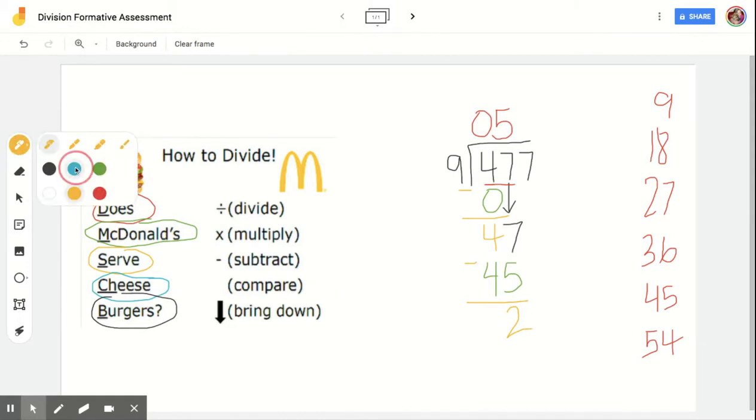Next step is to check and make sure our number at the bottom is smaller than the number we're dividing by. 2 is smaller than 9. So that means we got as close as we can. We can't have any more groups of 9. And our last step is we're going to bring down the next number. The 7's our last number to bring down.